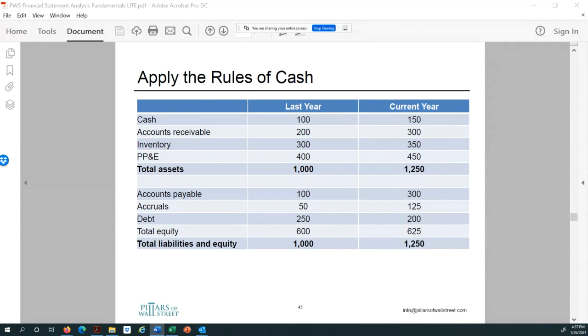This year minus last year, exactly. That's the accounts payable cash impact. So we get 200 next to accounts payable.